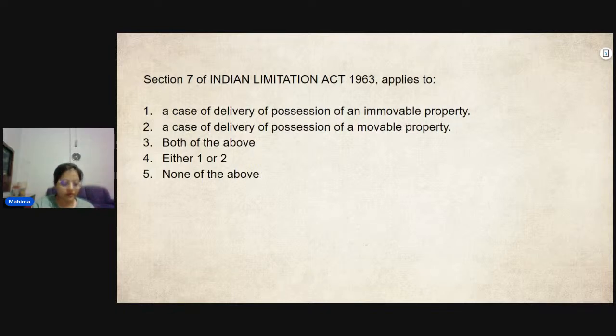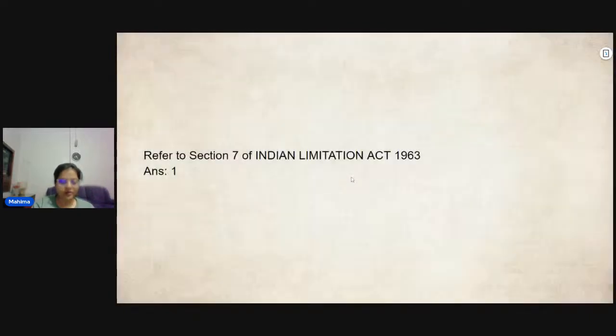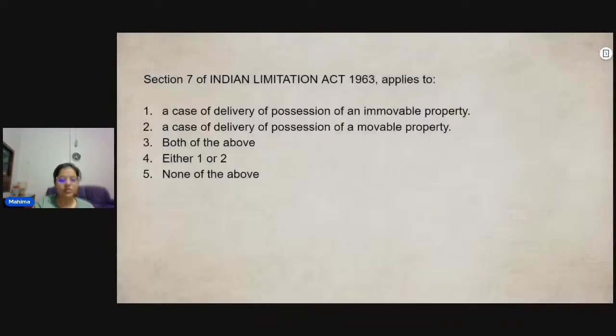None of the above. It applies to certain kinds of property. Lakshata is saying both of the above, and the correct answer is option number one. It only applies to immovable property. Explanation one is the correct explanation, which you can refer to section 7.